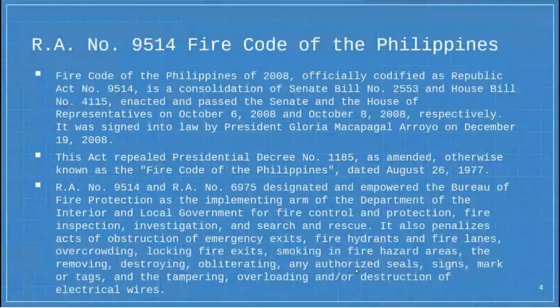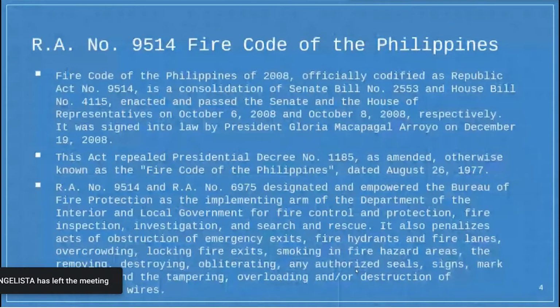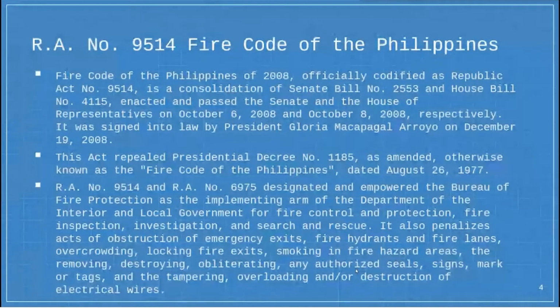And that is first the combustible fiber, which is like cotton, waste paper, straws, anything that can lead to easy combustion, as well as combustible liquid, which is any liquid that has a flash point above 37.8 degrees Celsius. Next slide, please.